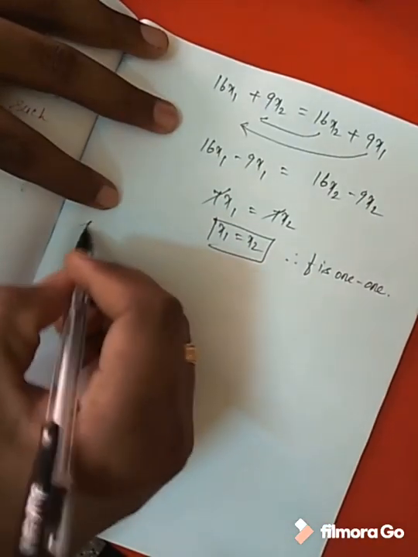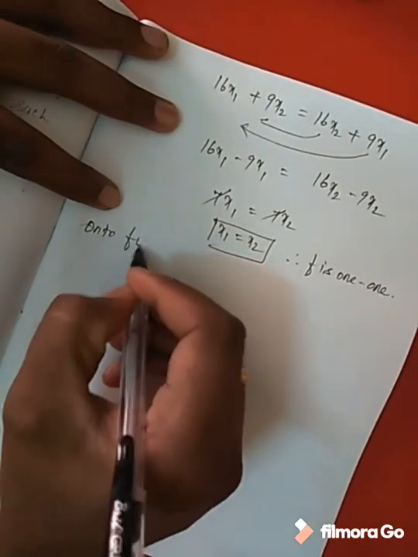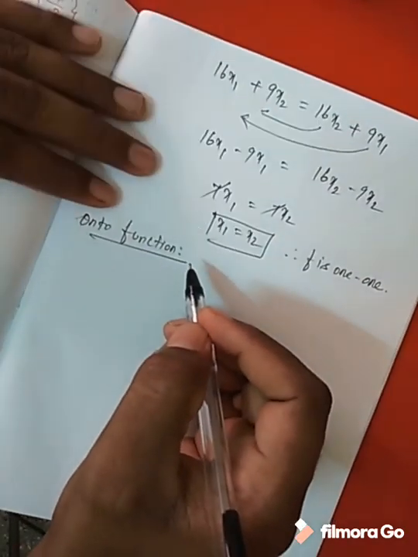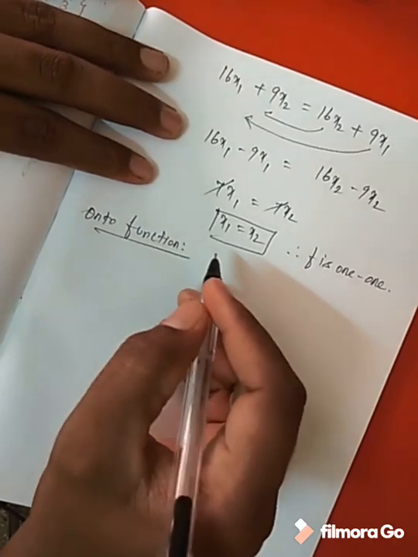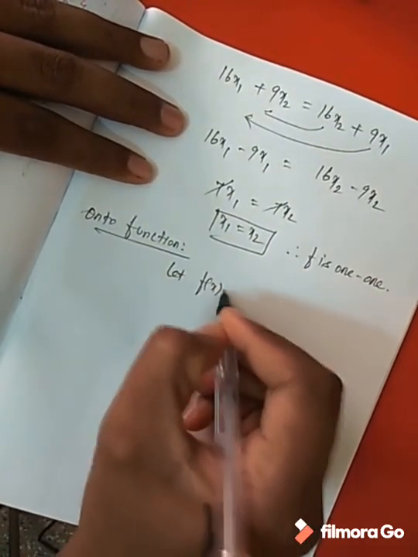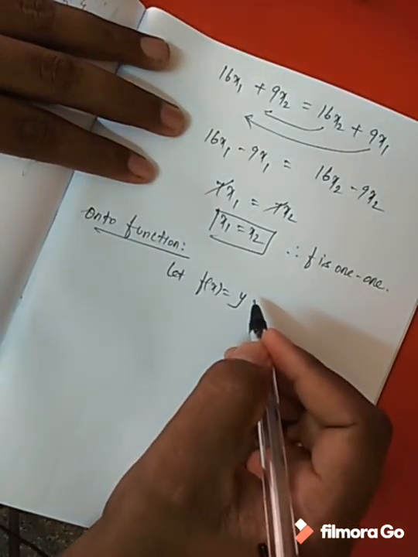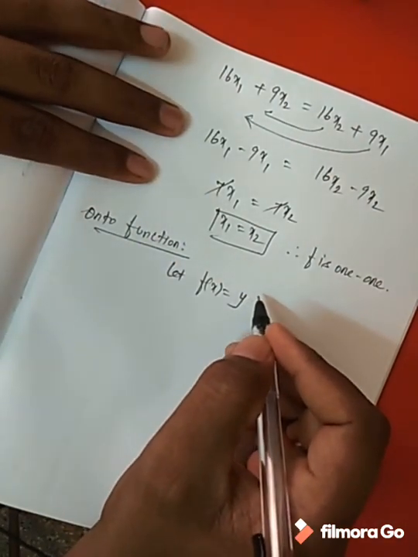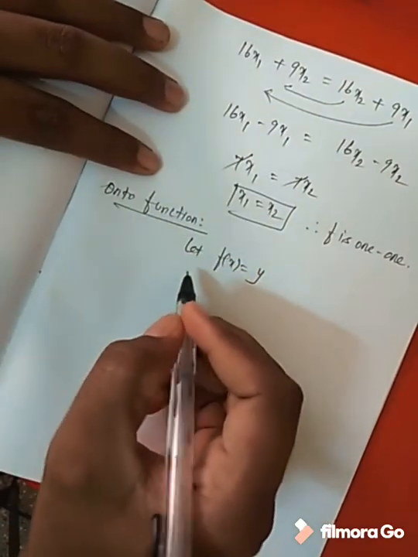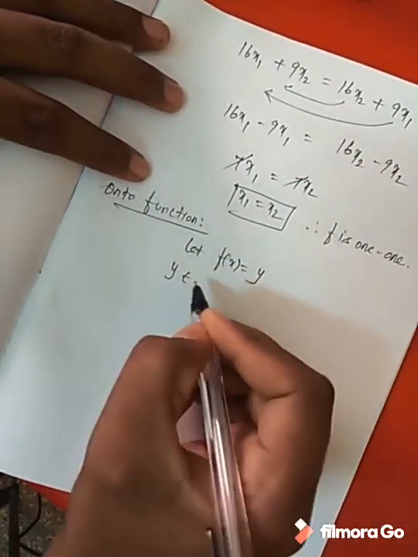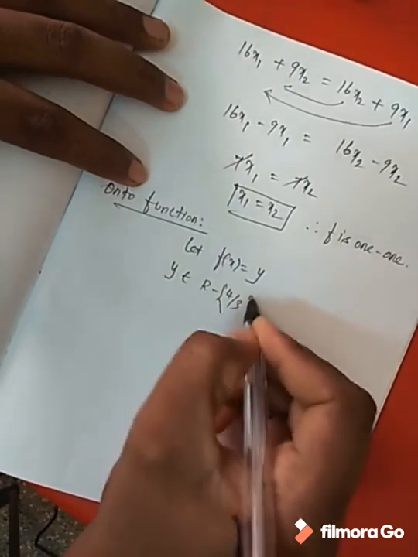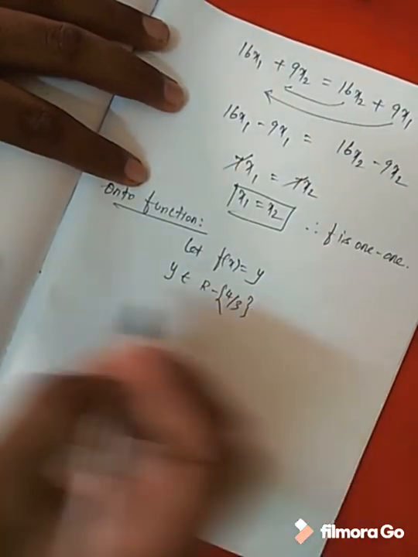Next, onto function. For onto function, let f of x is equal to y, and y belongs to R minus {-4/3}, right?